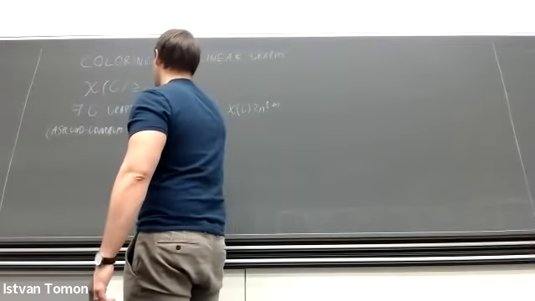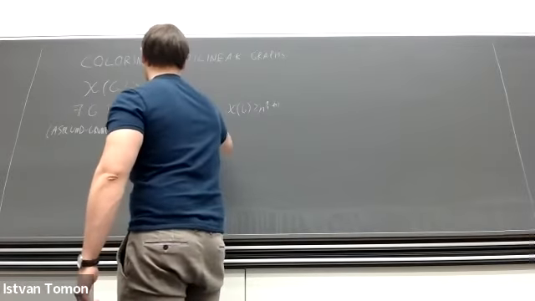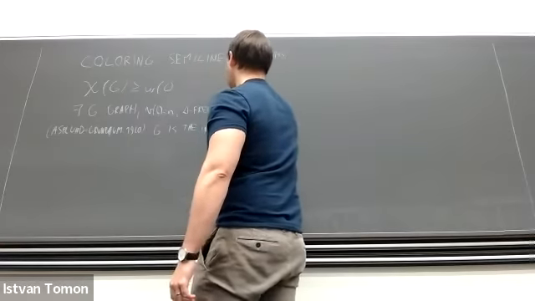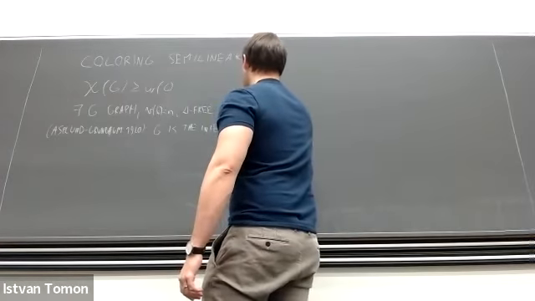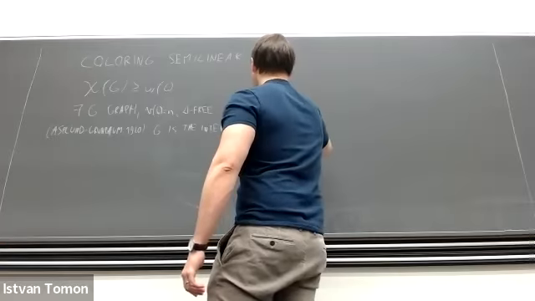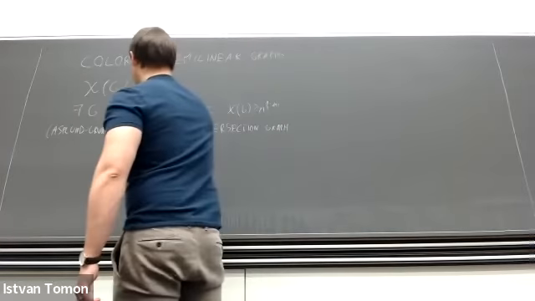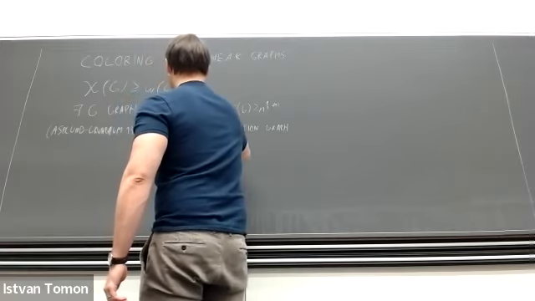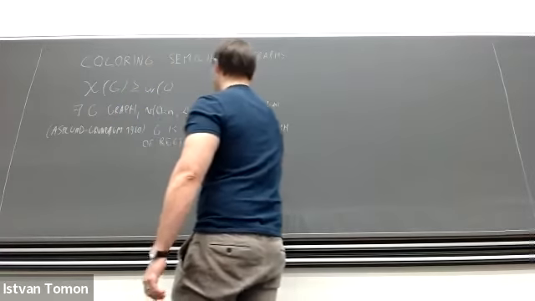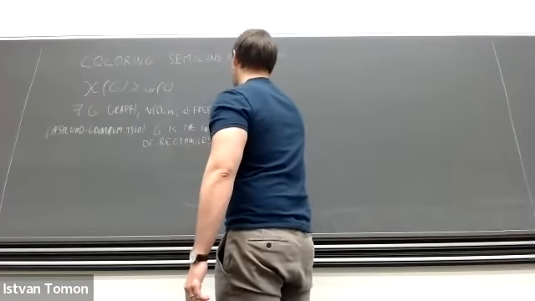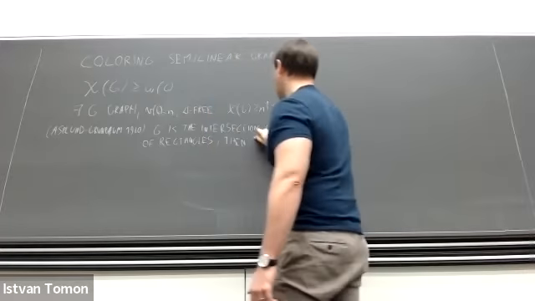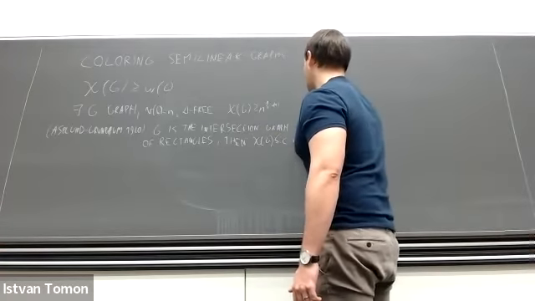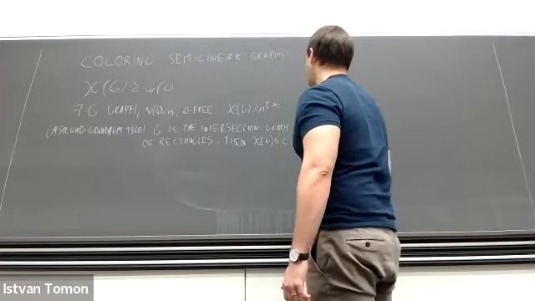They proved that if G is the intersection graph of rectangles, then the chromatic number is at most some constant times the square of the clique number.